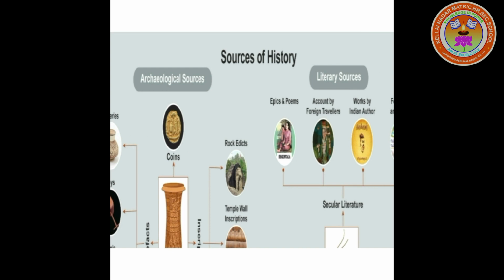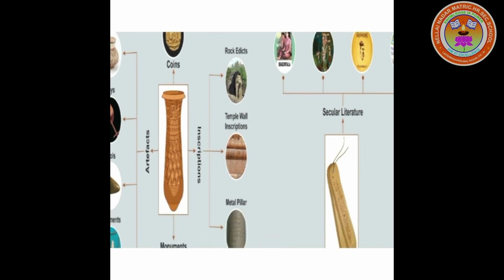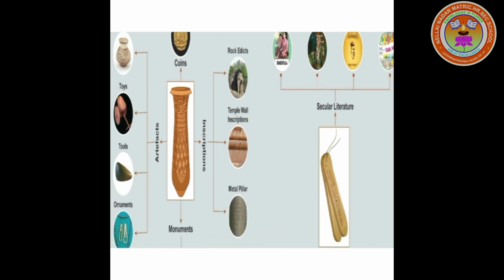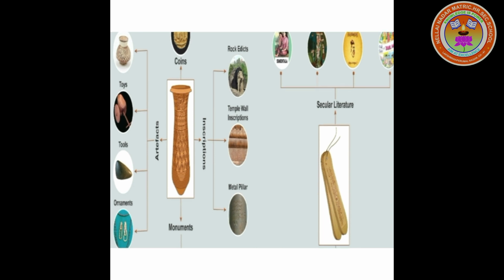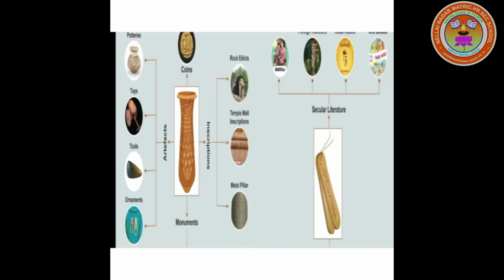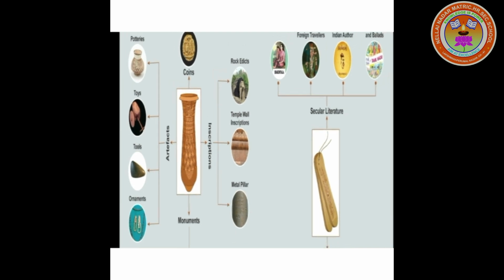What are archaeological sources? Archaeological sources are artifacts, inscriptions, monuments, coins, which are made and used by man. Children, name any two archaeological sources. Inscriptions, monuments. Next, artifacts are potteries, toys, tools, ornaments.